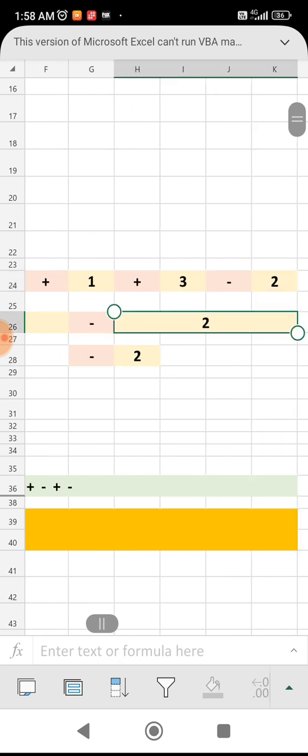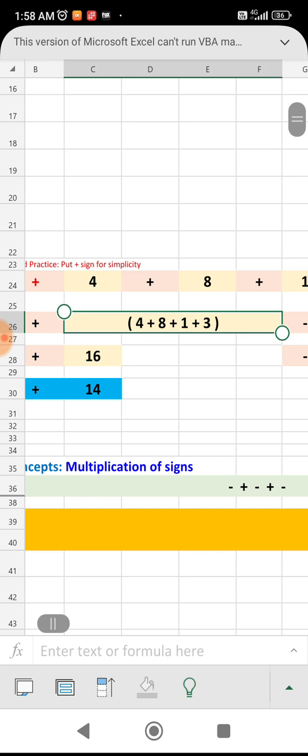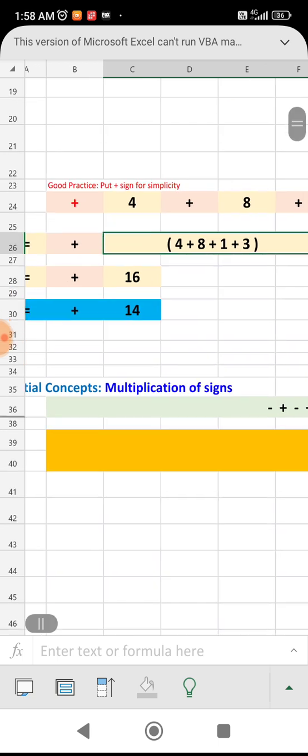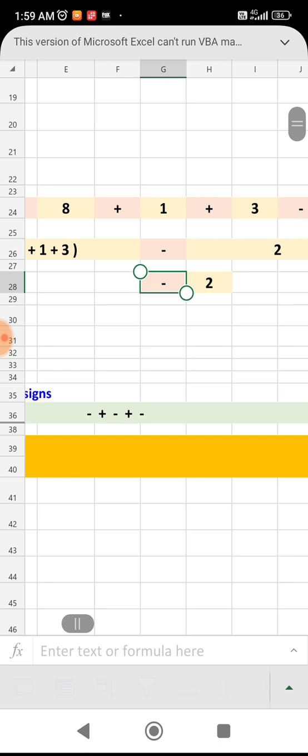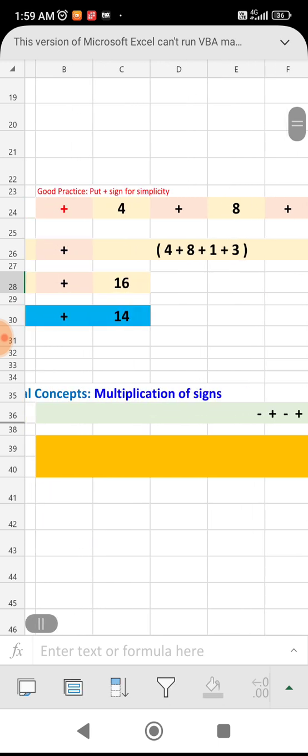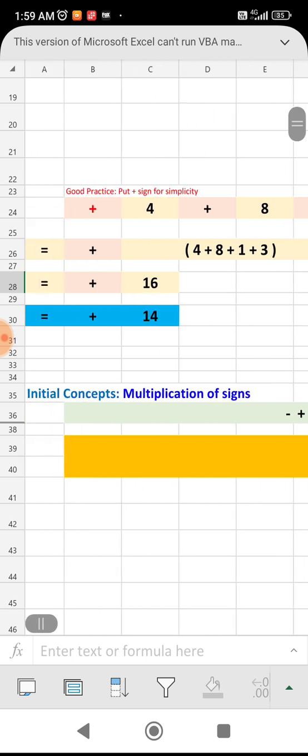So 2 is kept separate and all the other things are kept together. Thereafter it is added to 16 and it remains minus 2. So 16 minus 2. It is possible. So the answer is 14 and plus 9.